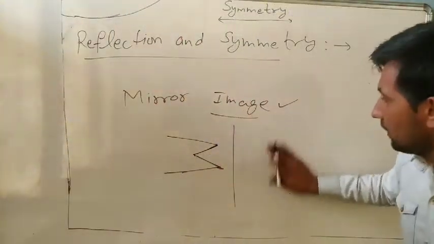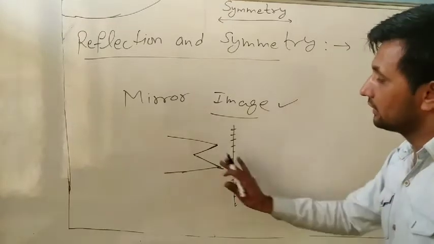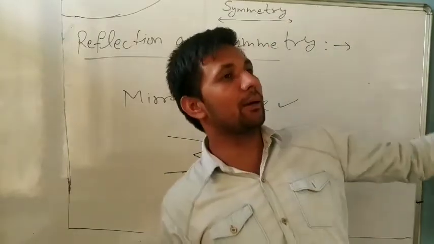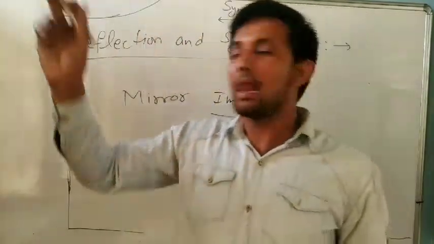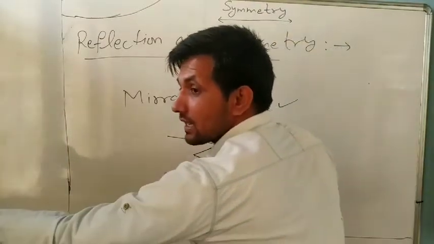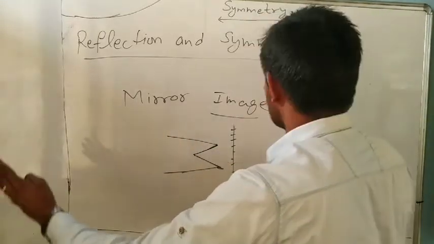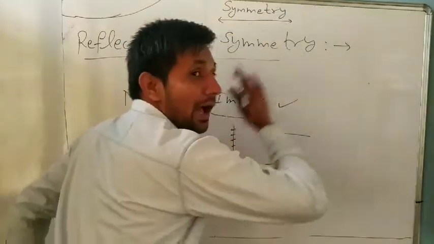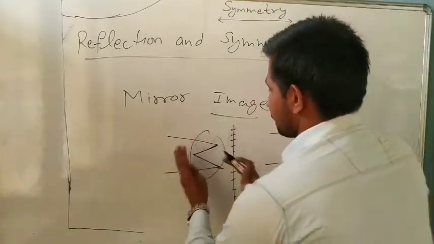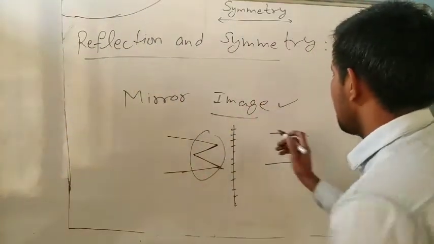If it is a mirror and you want its image, I already told you, in a mirror left becomes right and right becomes left. In this one, this open face is on the left side. So when we see its image, it is now on the right side.